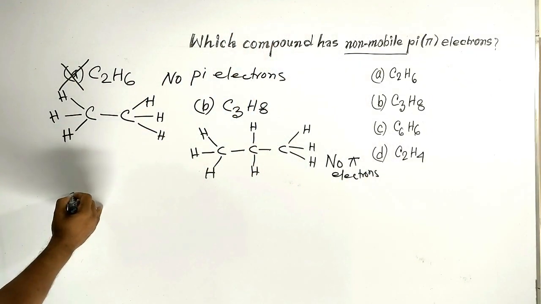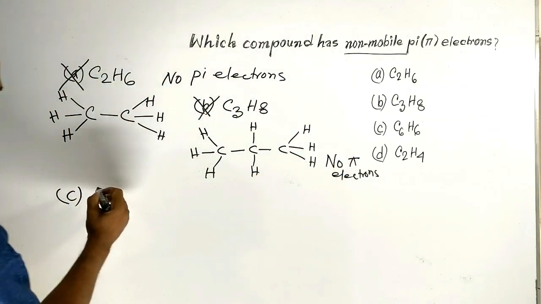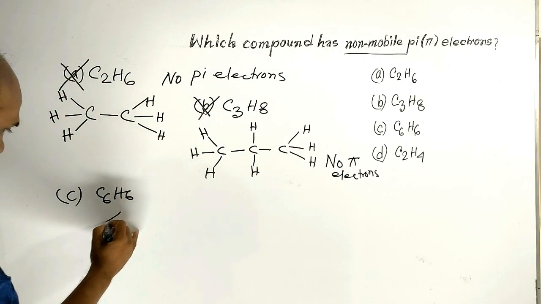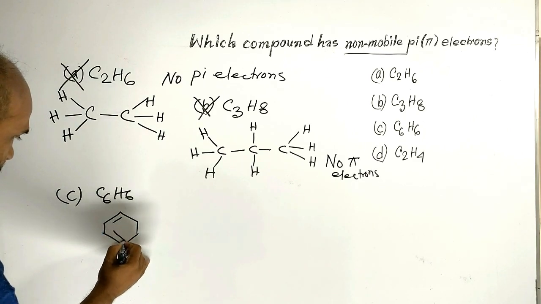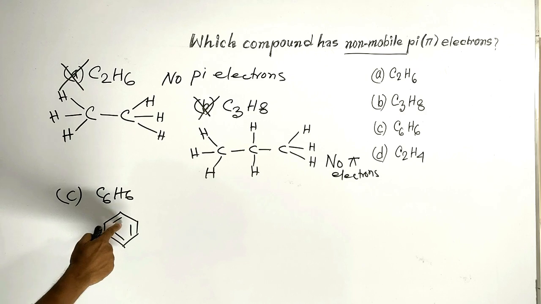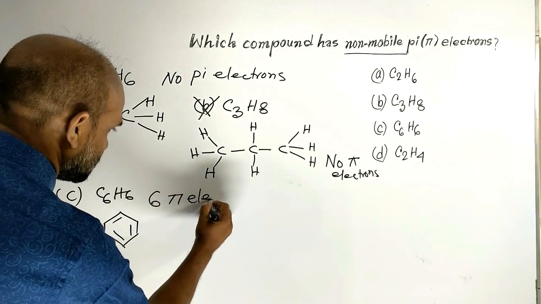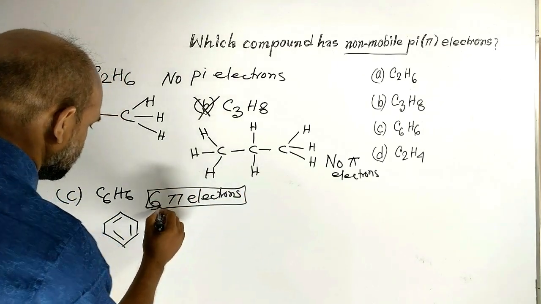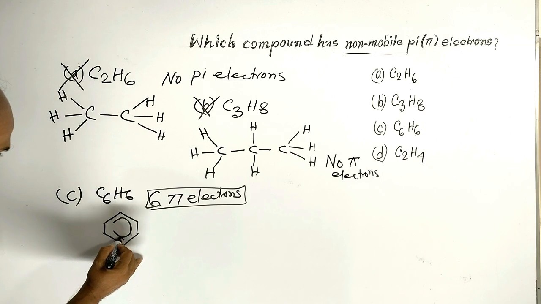Then C. C is C6H6. This is actually benzene. It has pi electrons, 6 pi electrons. But these electrons move continuously.